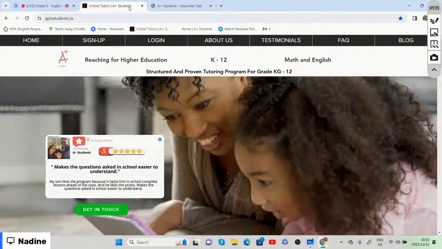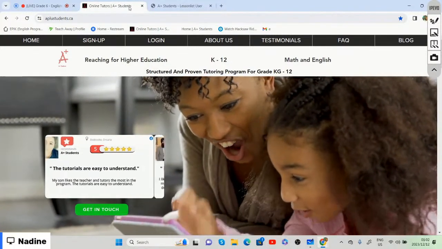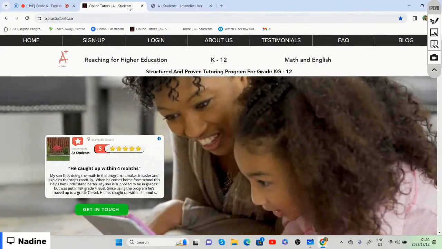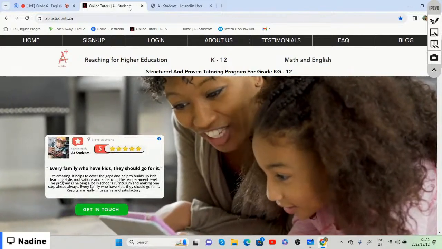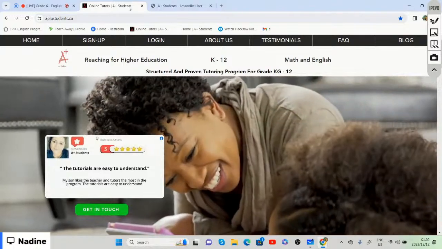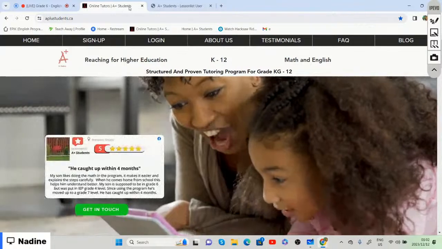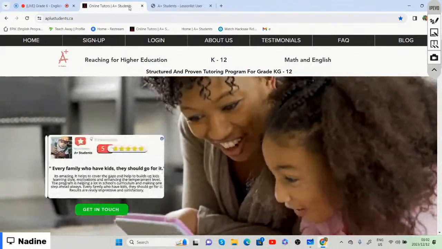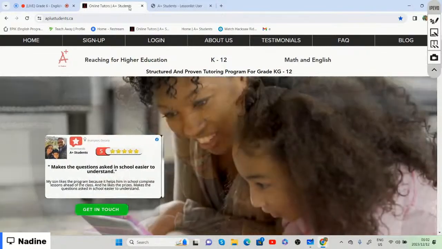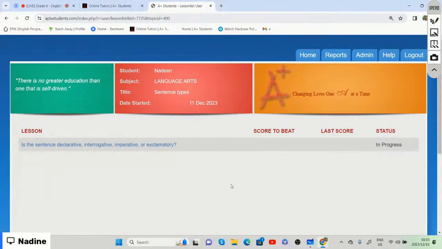Once you've logged on with your username as well as your password, we're going to select the subject of English Language Arts, grade 6. Then we're going to scroll down until we get to the chapter of sentence types.